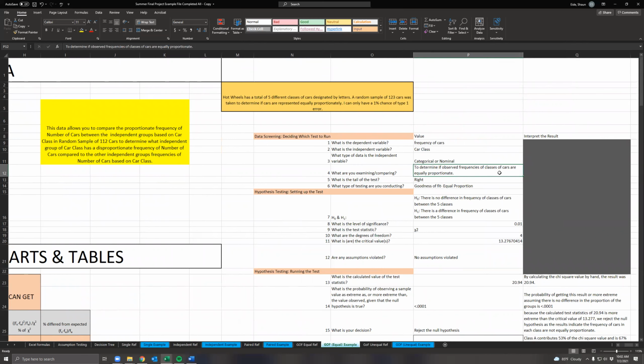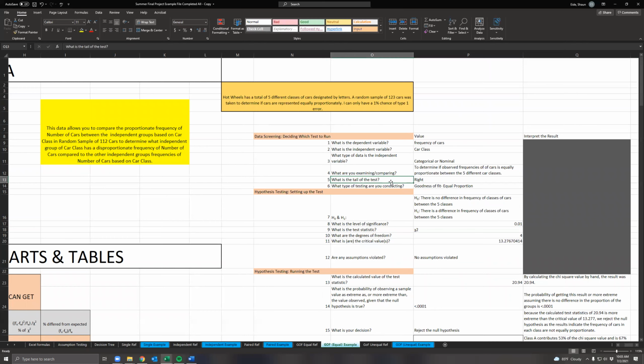To determine if observed frequencies of cars are equally proportionate between the 5 different car categories or classes. So that's probably a little bit clearer.